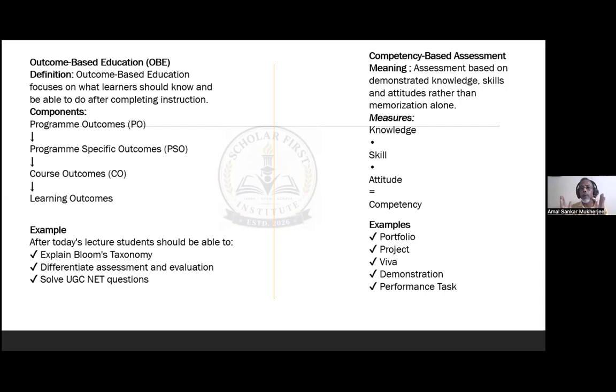These three combine to form the competency of any learner. We can give some examples of this competency-based assessment, like portfolio, project, viva, demonstration, and performance task. These are certain examples of the competency-based assessment.